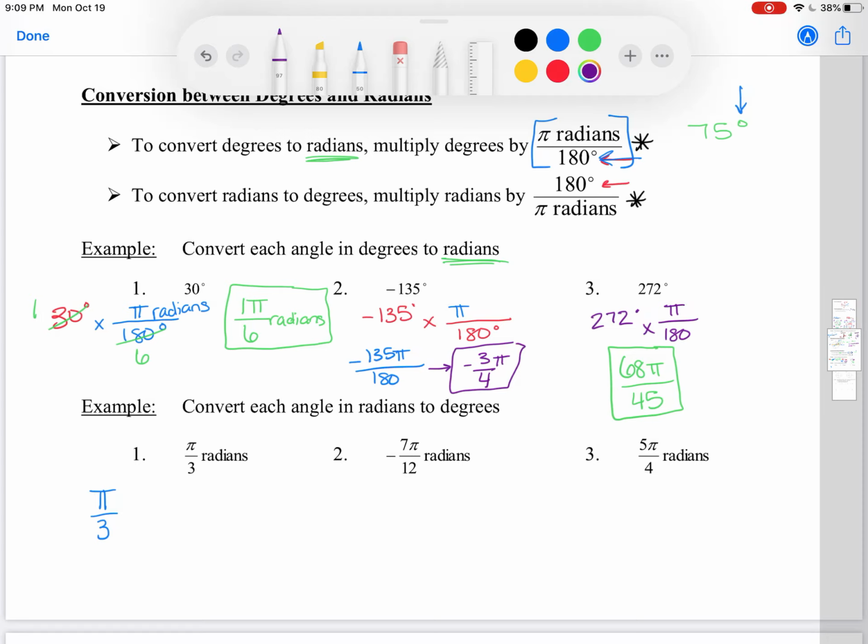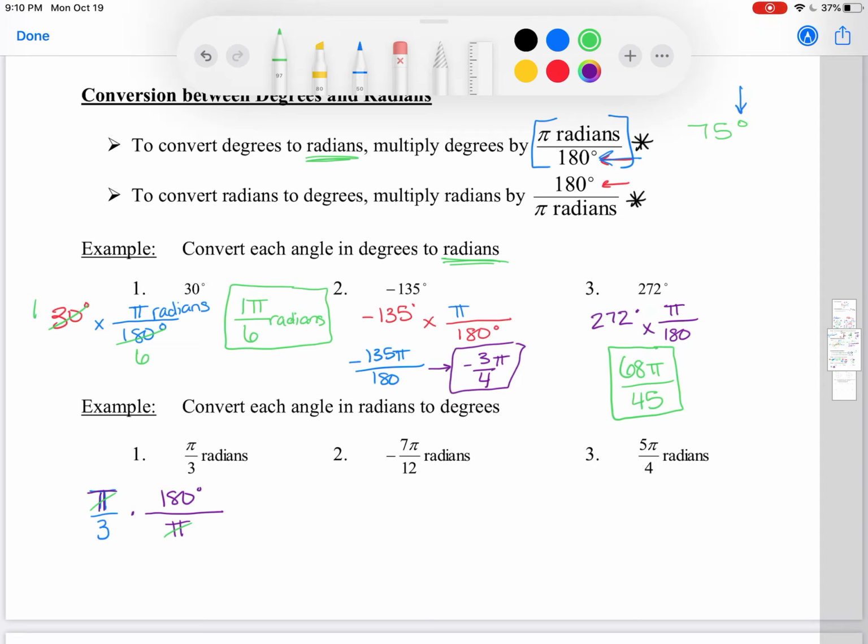For question 1, you have pi over 3. Well, you're going from radians with pi into degrees. So you have to get rid of the pi and introduce your degrees. Well, if you have pi up here in the numerator, the only way to get rid of pi is to put it now in the denominator so that they can cancel with one another.